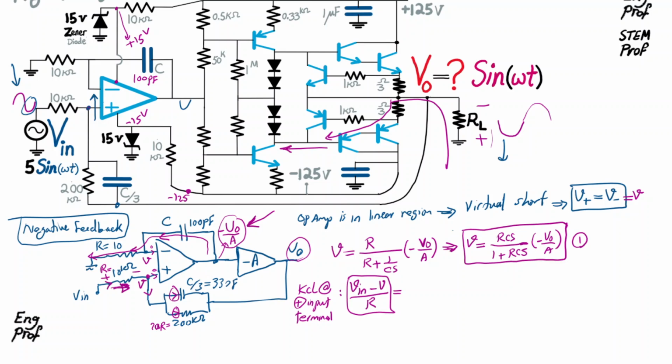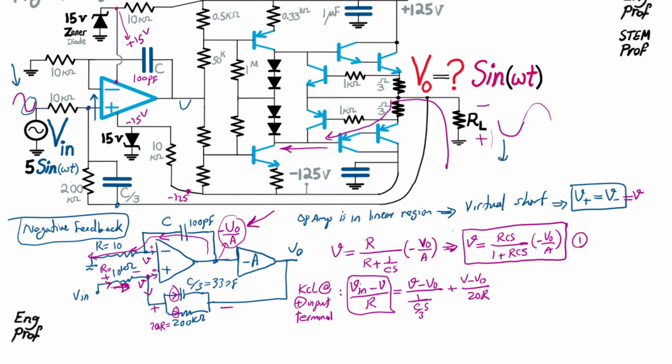So this outgoing current is the whole voltage drop across these guys. So I can say V, the voltage on the left side, and then V out, the voltage on the right side. So there you go: V minus V out divided by the impedance of the cap, which is 1 over C over 3 S, in the S domain, and then plus V minus V out divided by 20R.